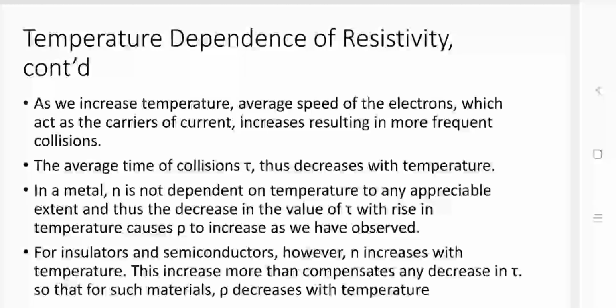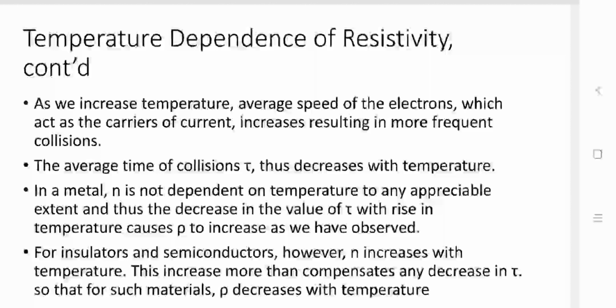But in a metal, the number of electrons is not dependent on temperature, because the electrons in the metal are already free in large amounts. No more electrons can be generated due to the higher temperature. So the number of electrons is not dependent on the temperature, and thus the collision time tau decreases as the temperature increases, and so the resistivity increases as the temperature increases.